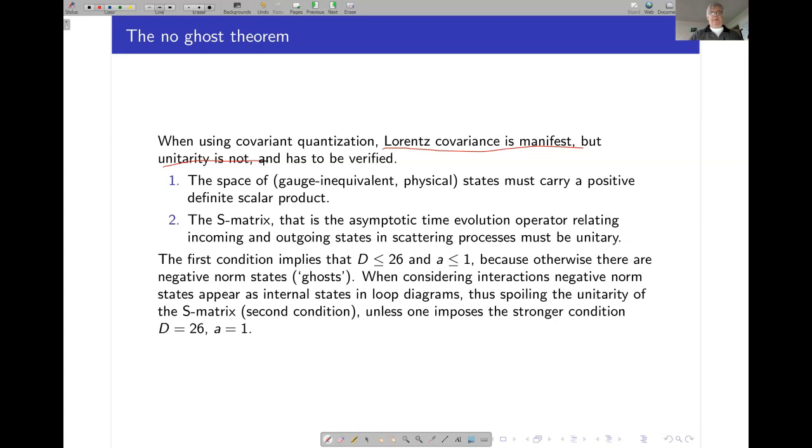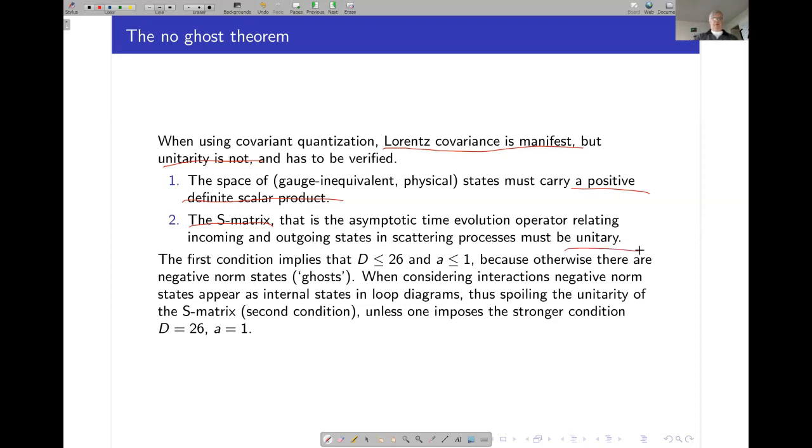The thing which we have immediate access to is that we can look at our Hilbert space, which comes out if we quotient the physical states by the gauge transformations. And on this space, we must have a positive definite scalar product. But in a full interacting theory, that also means something more. If you look at the S matrix, which is the asymptotic time evolution operator between in and outgoing states, then this must be unitary.